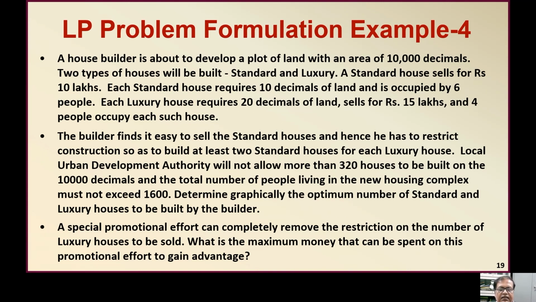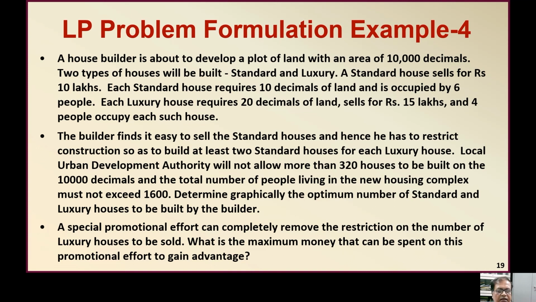The first constraint is that of the land constraint. The standard house requires 10 decimals, the luxury house requires 20 decimals. How much land is available? 10,000. So that means 10x1 plus 20x2 should be less than or equal to 10,000. So that is the constraint with regard to the total land area.